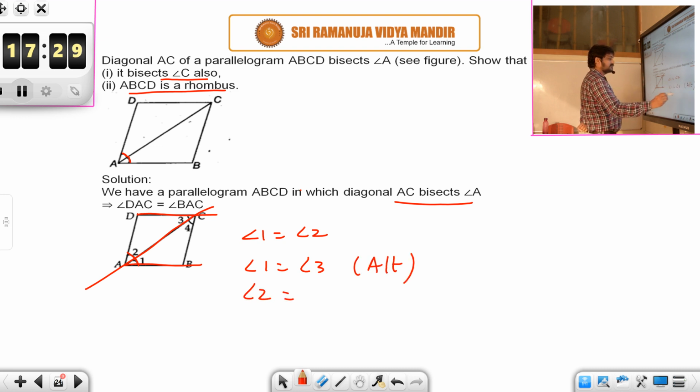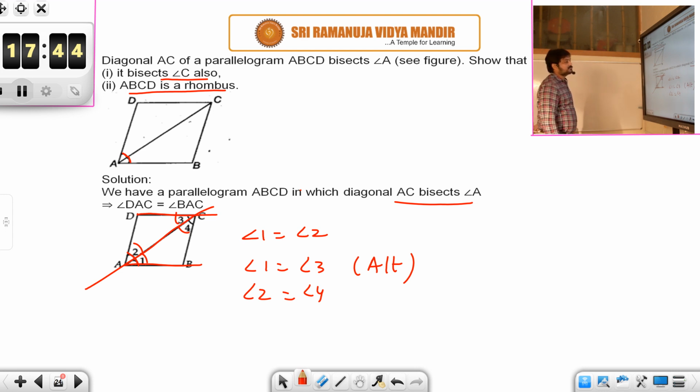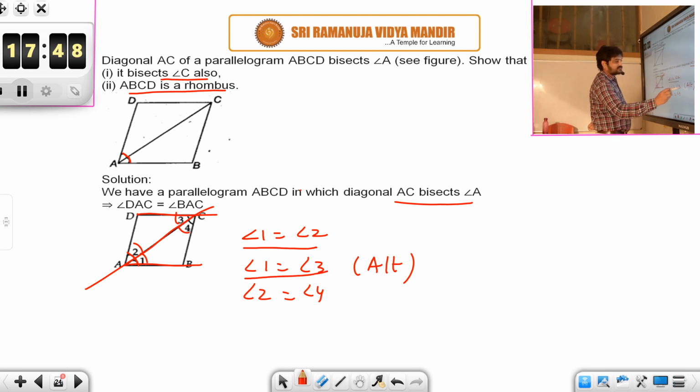Similarly, angle 2 will be equal to angle 4, right? So you have proved that angle 1 is equal to angle 2, angle 1 is equal to angle 3, and angle 2 is equal to angle 4.